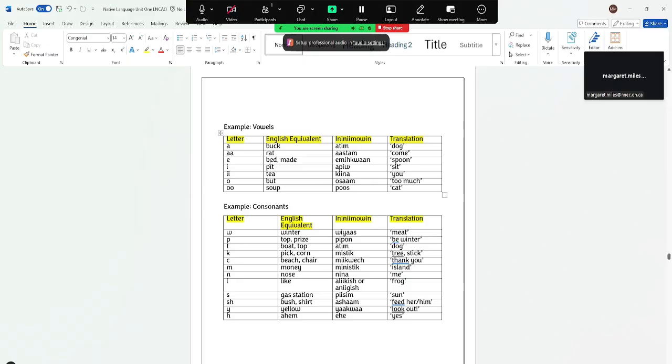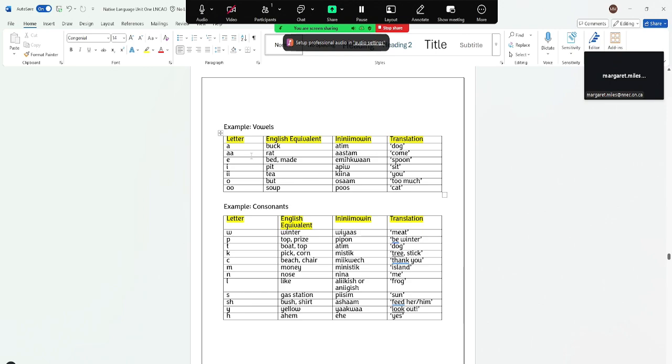Vowels, the letter. If you look at these example charts, we have the short vowel A sound, long vowel A sound, I, O. So the first one, A, and the English equivalent would be buck, and in the Ininimuan language, atim, and English translation, dog.